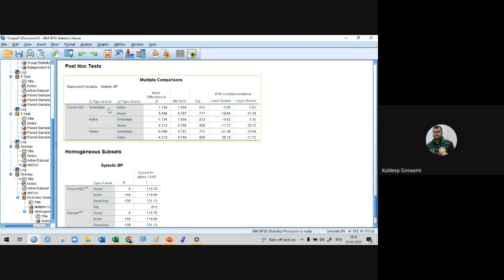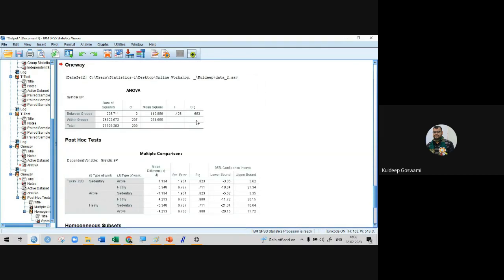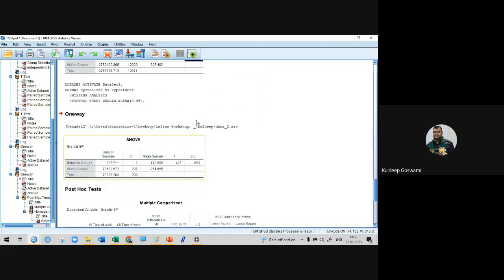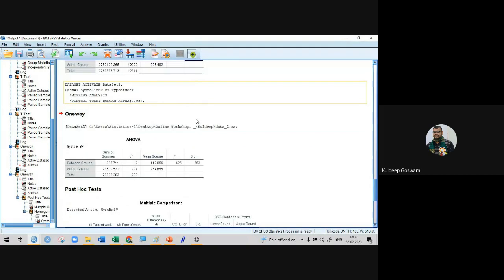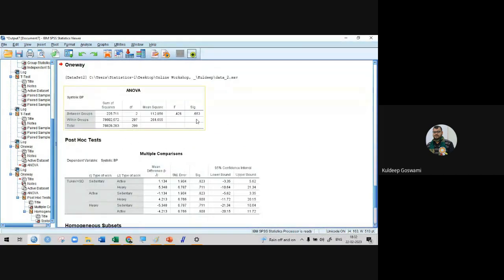Sedentary and heavy also have no significant difference. All these significance values are showing above 0.05. Okay, don't compare with that.